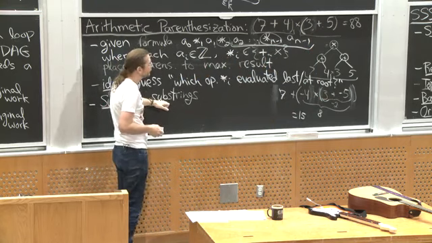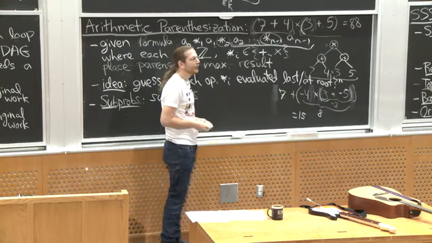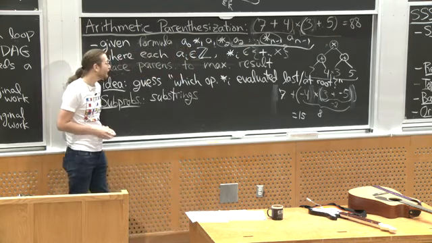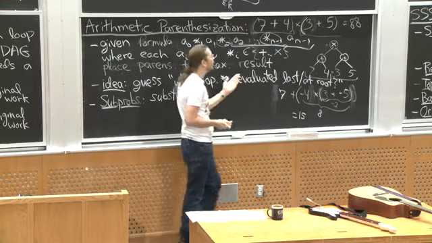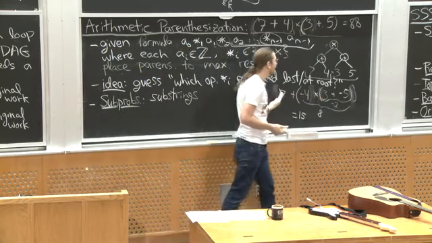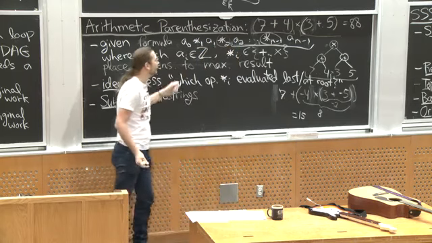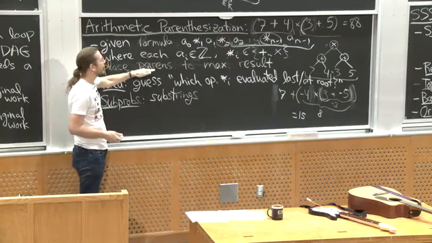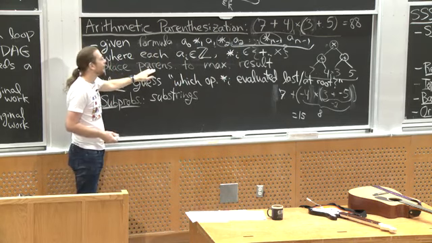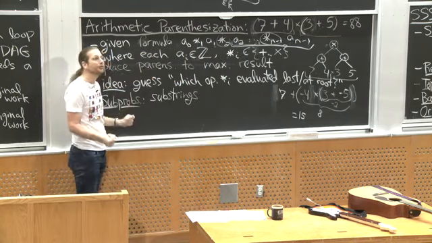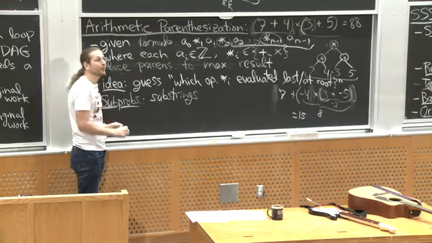We want to work on substrings, but we don't know whether we're trying to maximize. You might think, well, maybe I'm trying to maximize the absolute value, but that's not good. Maybe overall, on this entire expression, I get negative 1,000,000, and that's not what I wanted. I wanted to maximize the sum. So I still need to solve the max evaluation, the max parenthesization, but I also need to solve the min parenthesization.